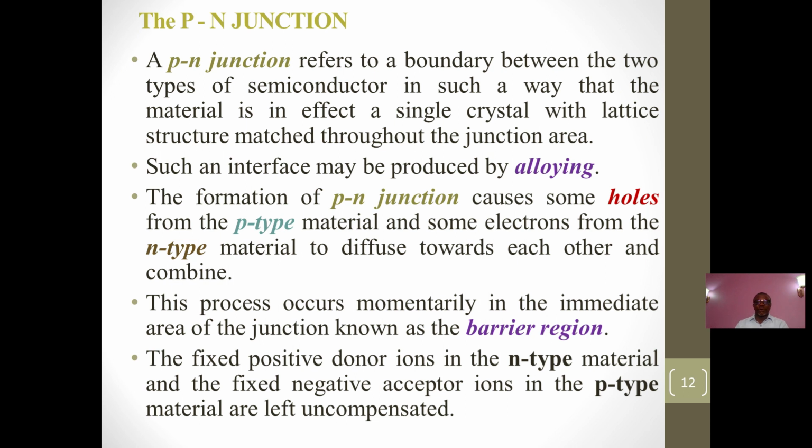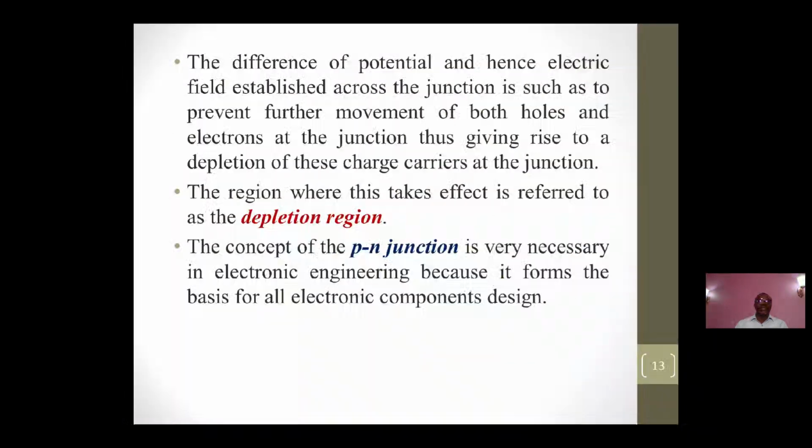This process occurs momentarily in the intermediate area of the junction between the p and the n-type material, which is known as the barrier region. The fixed positive donor ions in the n-type material and the fixed negative acceptor ions in the p-type material are left uncompensated.